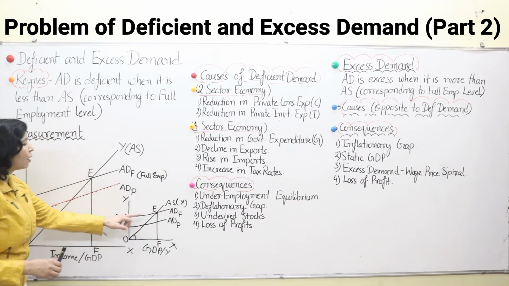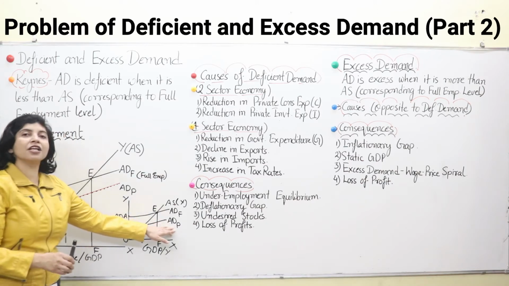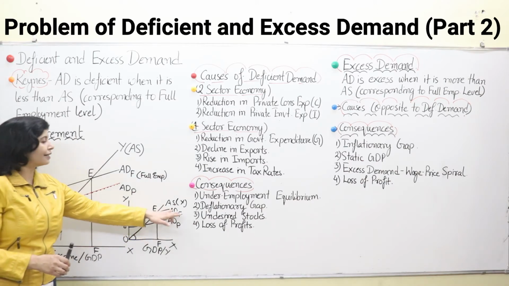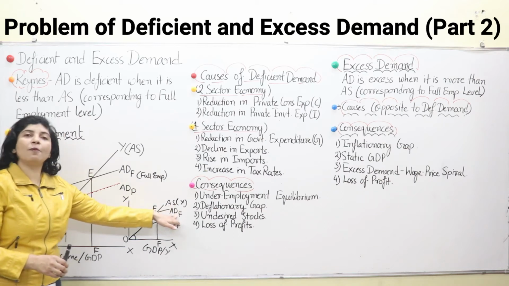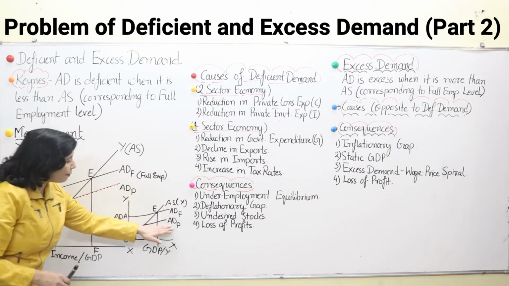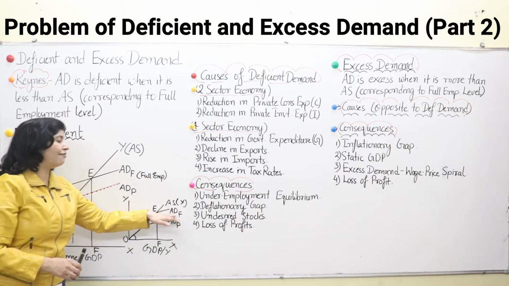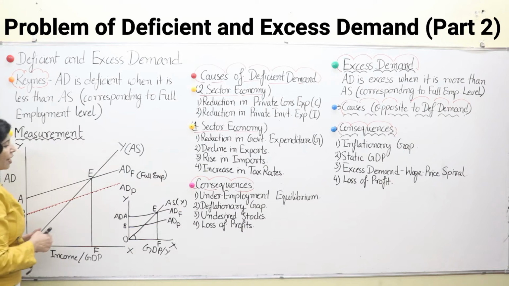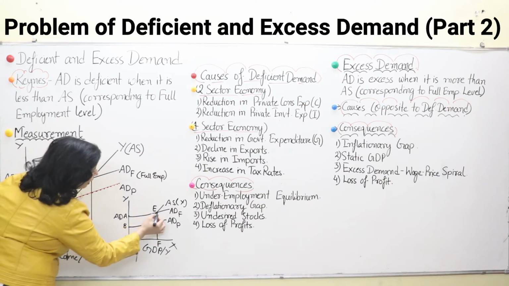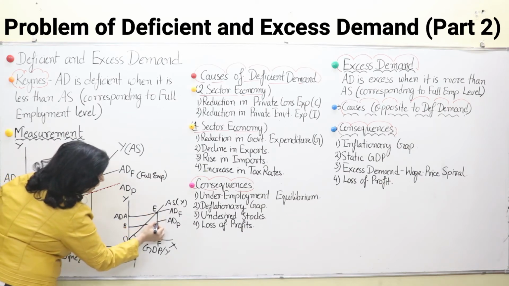So what is happening? This is planned expenditure or planned aggregate demand, and this is full employment aggregate demand. So planned aggregate demand is lesser than your full employment level aggregate demand. Now we can name this point.